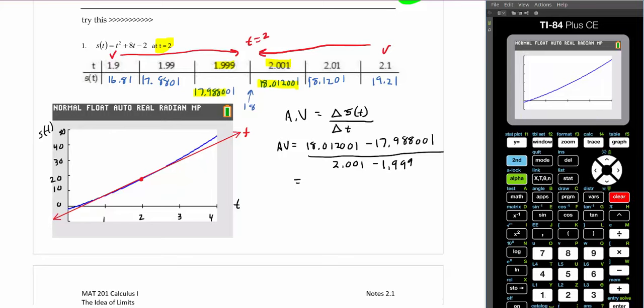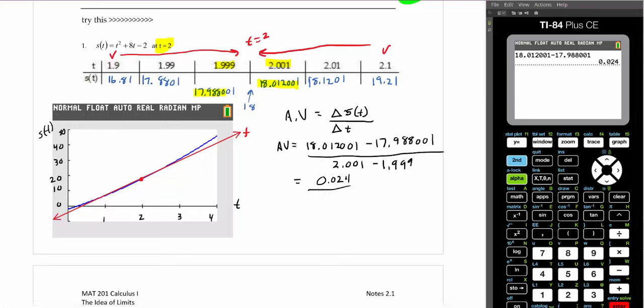Okay, so let's see, that numerator, 18.012001 minus 17.988001. I'm going to record that as about 0.024.